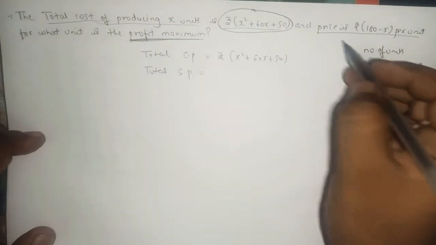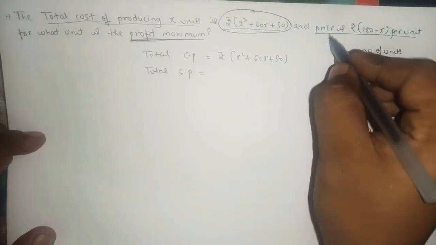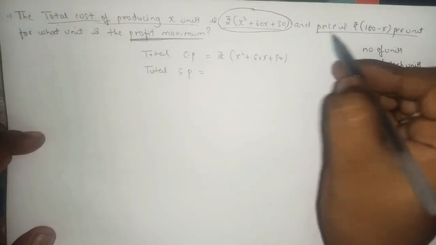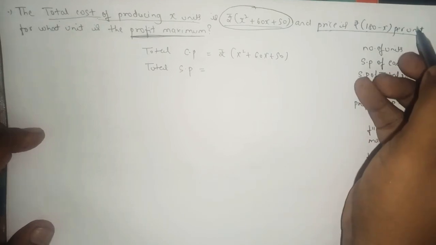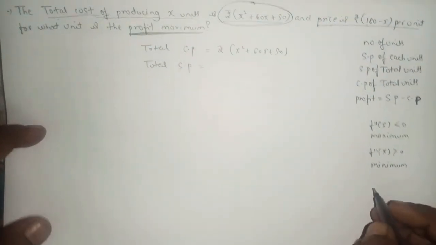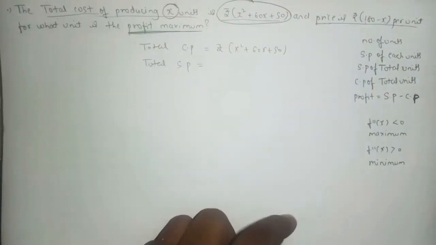If here we have the total cost price, we require the total selling price also. This section is the cost price, so of course this part will be the selling price. The selling price is rupees 180 minus x for the per unit. That means first check the number of units. Number of units is what? x.